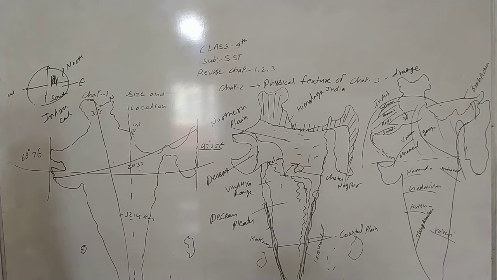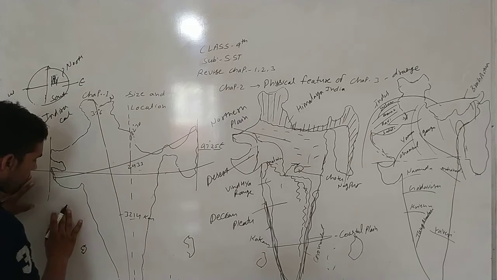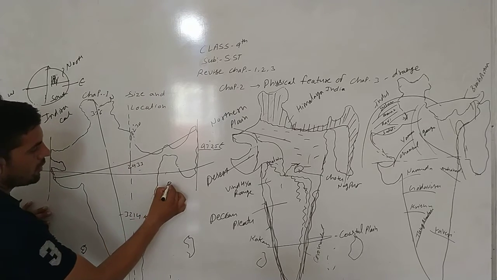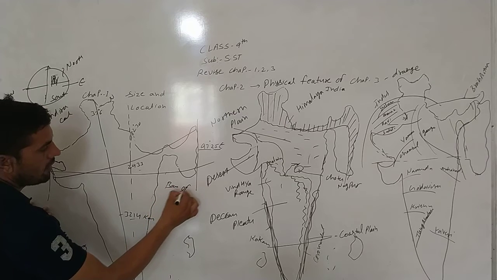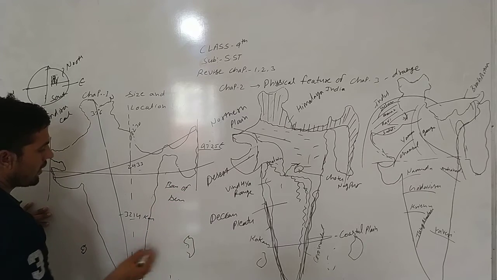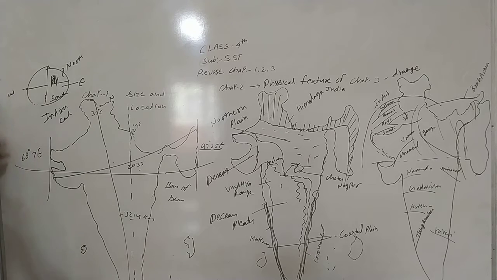Before 2008 a flood occurred, so it came down into the Indian Ocean. This is the Arabian Sea and Bay of Bengal. This is the Andaman and Nicobar, and this is the Lakshadweep. In the southern part Sri Lanka is situated, and in the down part Maldives is situated.